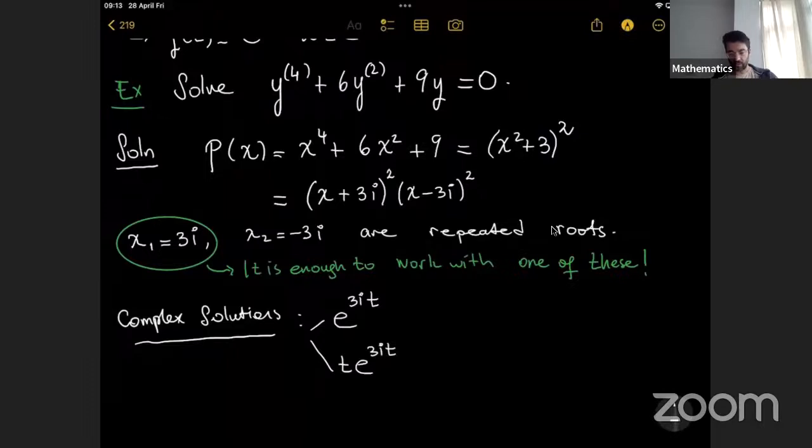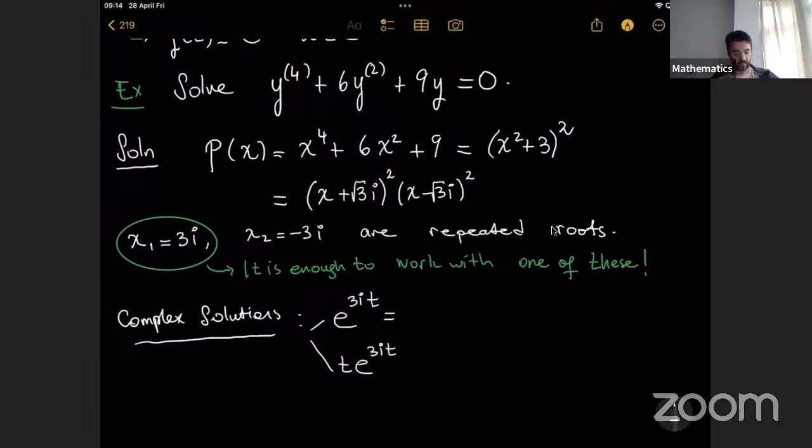Well, what is this? This is basically e to the 3i t is cosine, well, I did some mistake here, sorry. It's not 3, but it's root 3. This should be root 3, right?